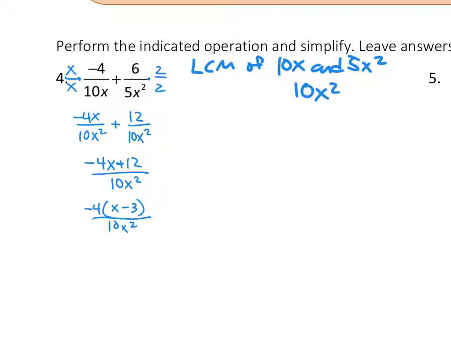And I can simplify the 4 with the 10. They can both be divided by 2. So if I divide them both by 2, that becomes a -2. And this becomes a 5. So our final answer is going to be -2 times the quantity x minus 3 over 5x squared.